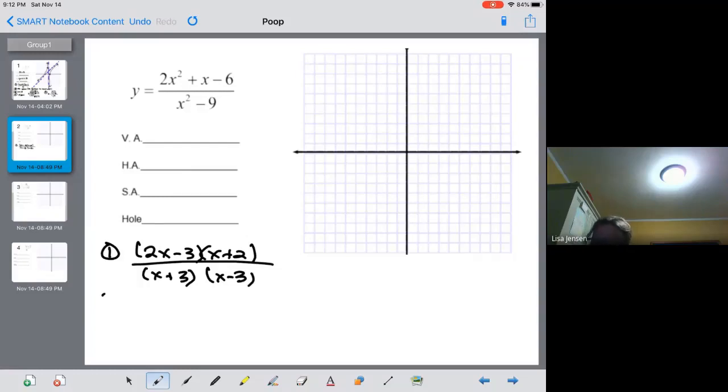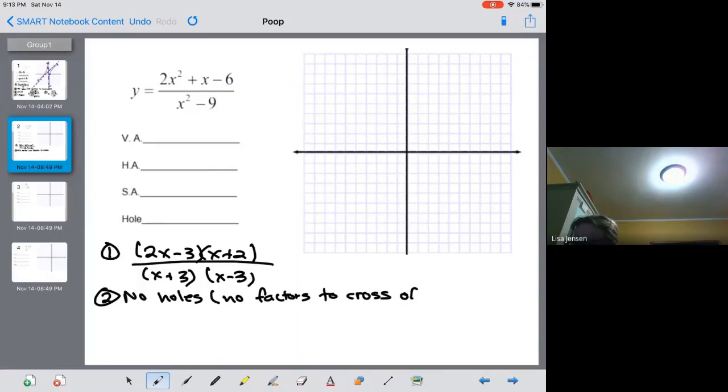Okay. And then we get to step 2, and there are no holes because there are no factors to cross off. All right, so no holes, but we have 2 factors in the denominator.